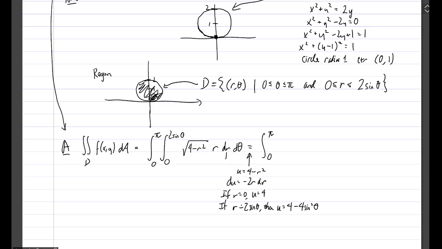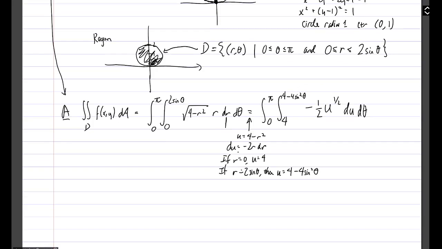Integral 0 to pi, integral from this u value to this u value, so 4 to 4 minus 4 sine squared theta. I'll save you some of the trouble with the algebra. We have to take care of the negative 2, and we're going to end up with negative 1/2 u to the 1/2 power du instead of a dr, and because of the du, these are u values. And then finally a d theta, still just copied from right there.